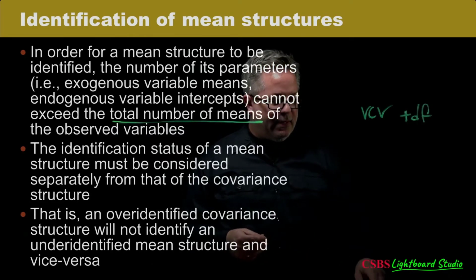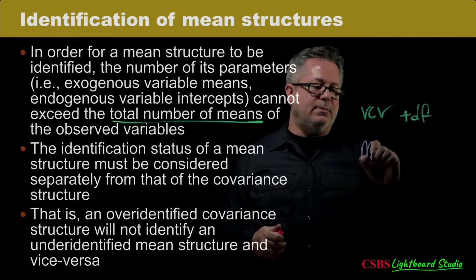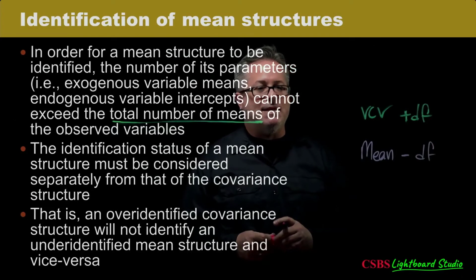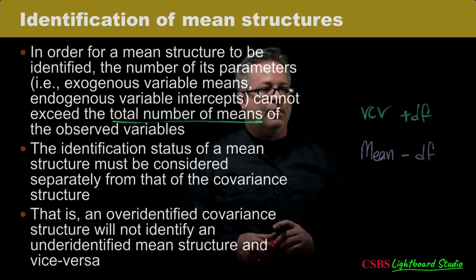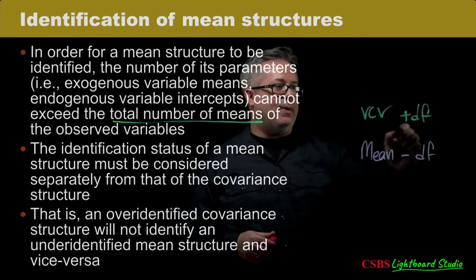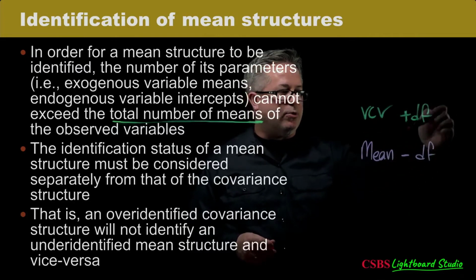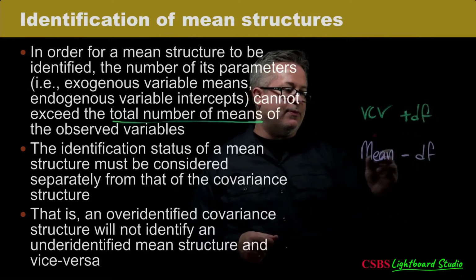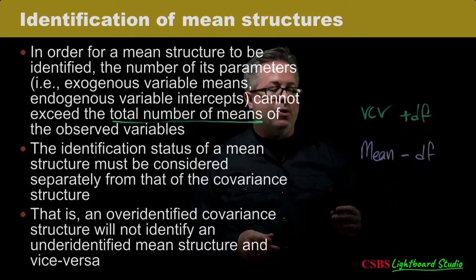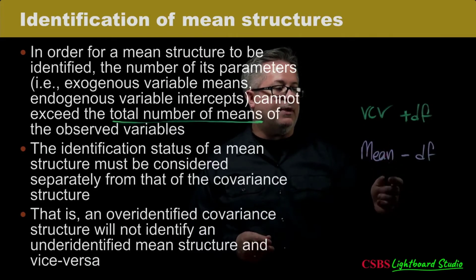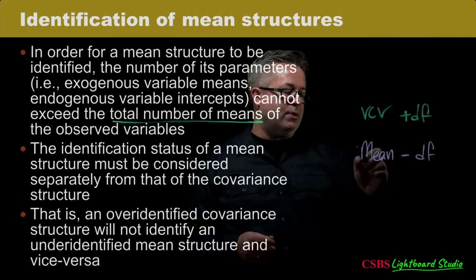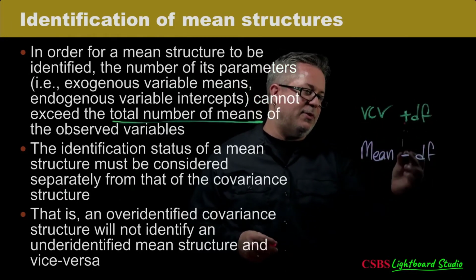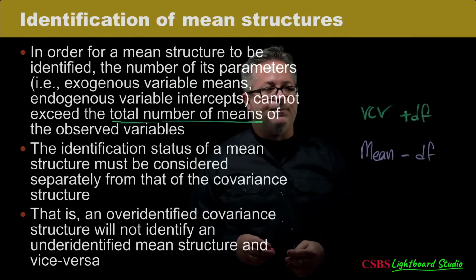But if on the mean part I have negative degrees of freedom, which means I'm trying to estimate more means than I actually have available, this won't make up for this. I can't borrow degrees of freedom from the variance covariance portion to make up for the fact that the mean structure doesn't work. Or in the same way, if the mean structure part is positive, but the variance covariance part is negative, I can't borrow degrees of freedom there to make it work either.